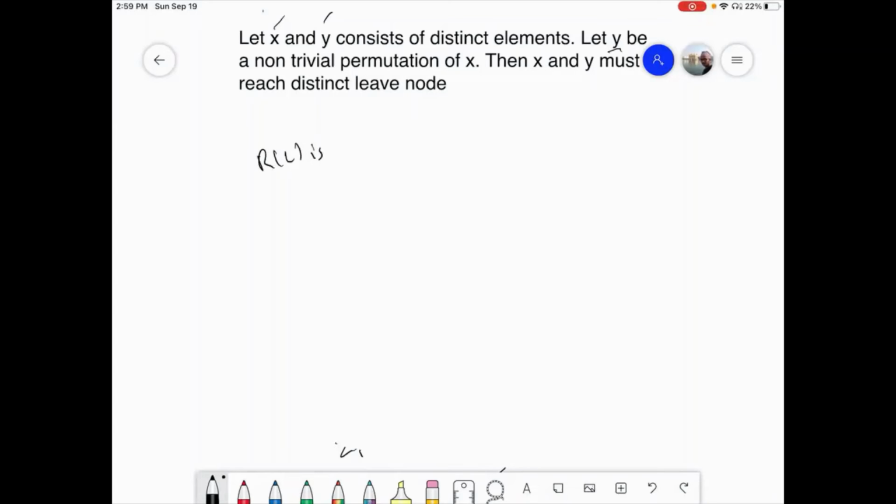That means there exists a path for x and y, and when you use that path, you will definitely reach the leaf node L. Okay.